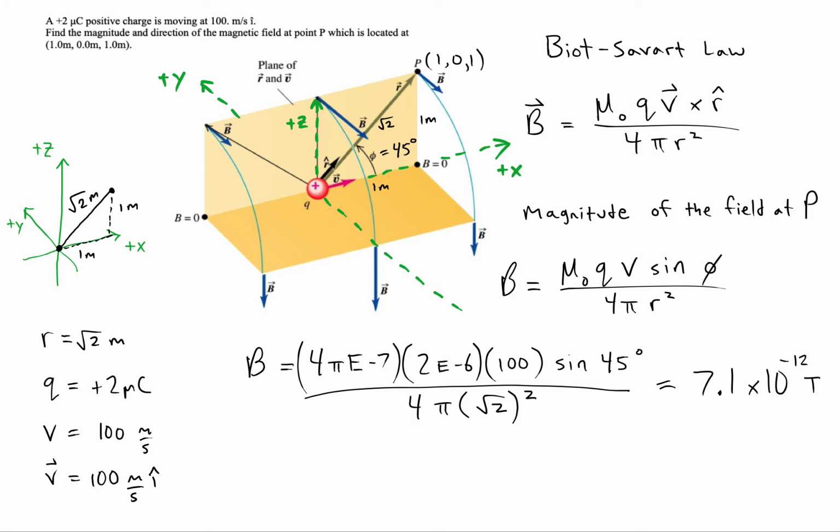Okay, now we want to use a right-hand rule to determine the direction of the field. One option is to point our thumb in the direction of the moving charge, or the current in this case. It can be thought of as a current. And then we would wrap our fingers in a curled fashion.